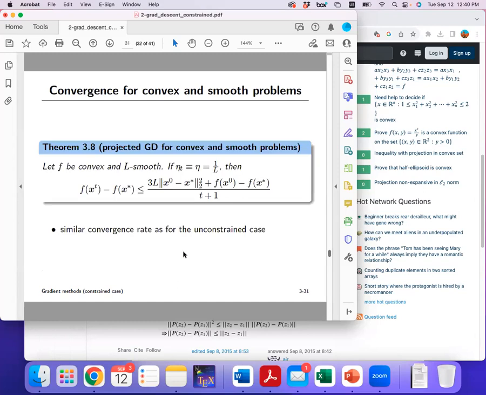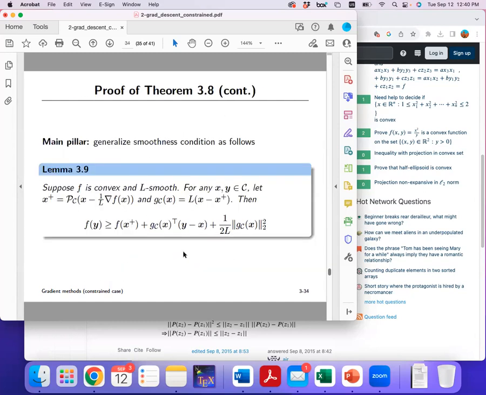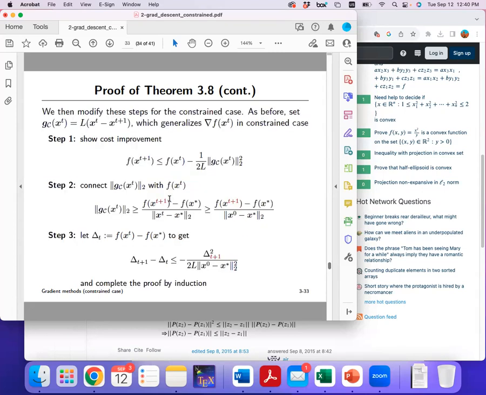We call it the generalized gradient because we can write projected gradient descent using this notation, and then the update rule looks exactly like the gradient descent update.